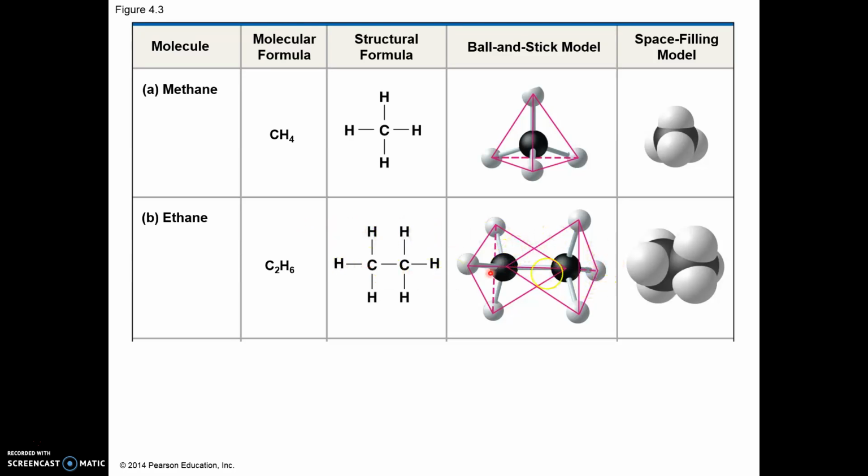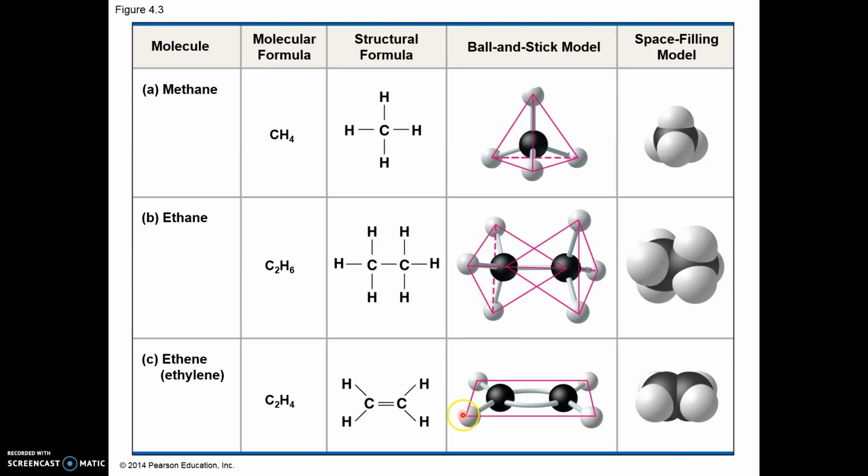Now, we brought up the idea of, well, what happens with a double bond? Okay, with a double bond, and here we have ethene, or oftentimes called ethylene, which is essentially the same thing as ethane, except for we have a double bond. Now, something to notice here, we have a double bond, so we have fewer hydrogens, right?